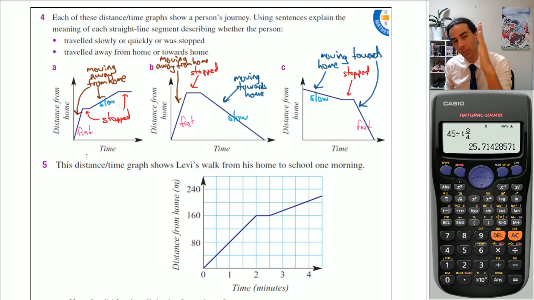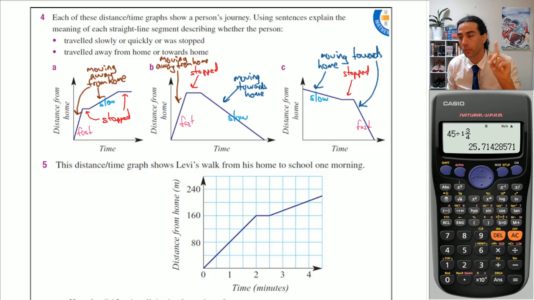I haven't talked about this. Steep bits are fast, where it's steep that way or steep that way. It's moving quickly. A lot of distance is being traveled in a short amount of time. But when you're moving like this, not much distance is being traveled in a long time. All right, that's 4. Now, when you unpause, there'll be the answer to 5.